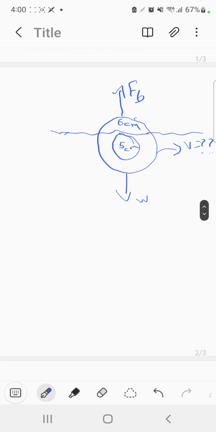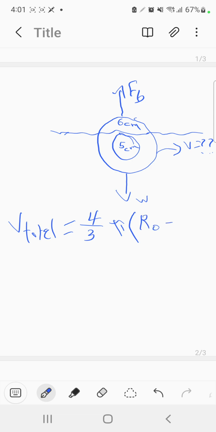First of all, I have to get the volume of this shape. V total equals, the equation for that is 4 over 3 times pi, times R outer minus R inner, both cubed. It's supposed to be cubed because it's a spherical one.